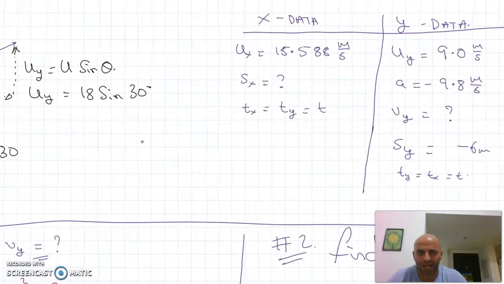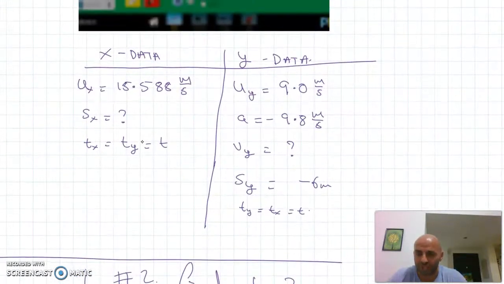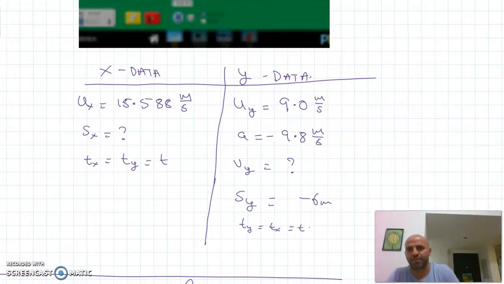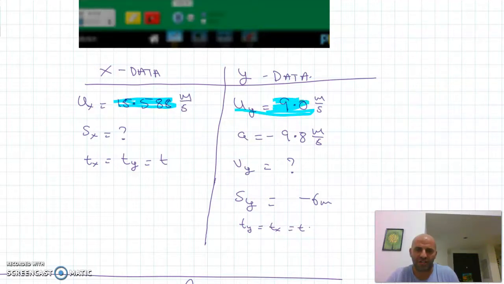Plug in your numbers, and for the x direction you've got an initial velocity of 15.588 meters per second, and in the y direction it works out to be a nice even 9 meters per second. Once again, I'm not going to labor these points too much. I've done that in previous videos, so if you're a bit unsure, go back to the previous video.